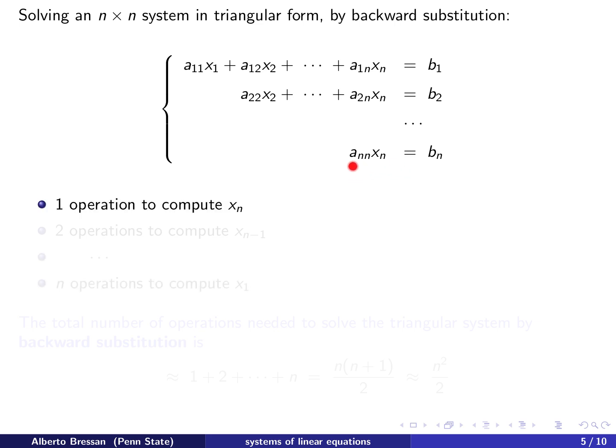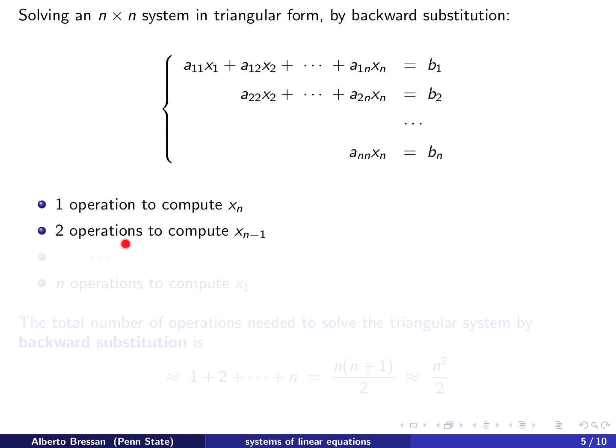To compute this here, you need 1 operation, just b_n over a_nn. And then to calculate the n minus 1 one, you would need b_(n minus 1) minus this number here, and then divided by the a_(n minus 1) in front of x.